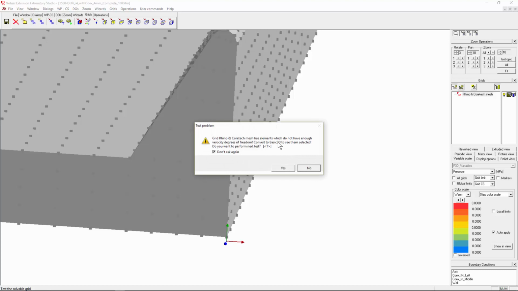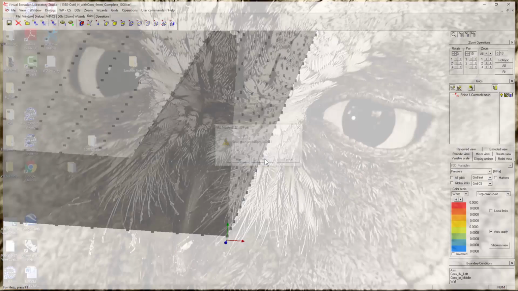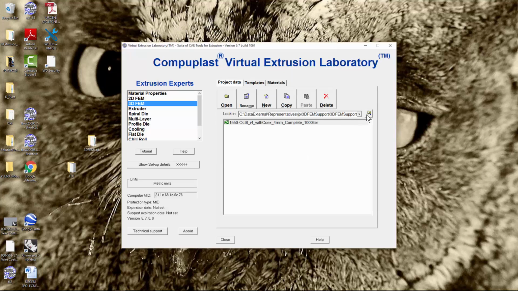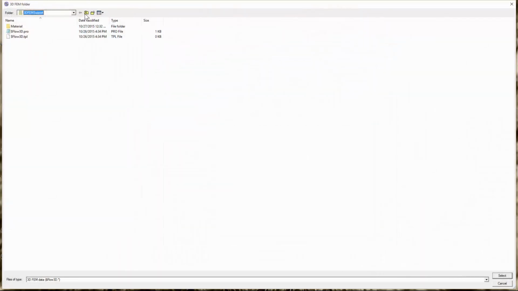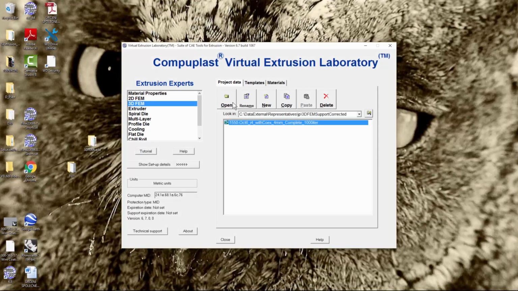And it complains about Babushka Brezi. We say next one. We don't have any more problems. We hit solve, and that's it. I have the project already solved, so I will not save this. I have it in here in the support corrected, which I will send you.